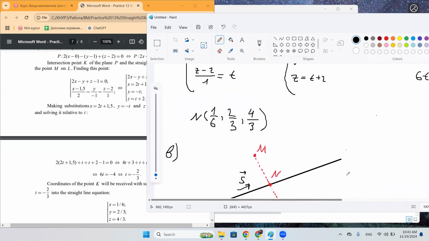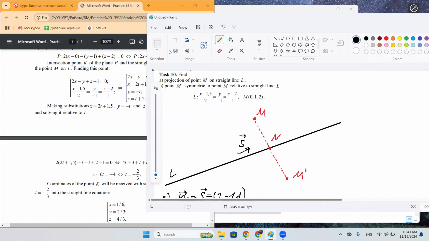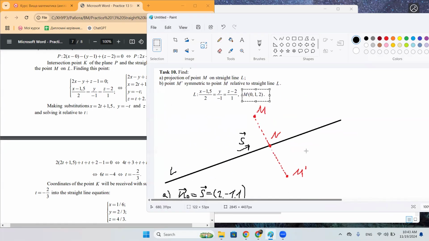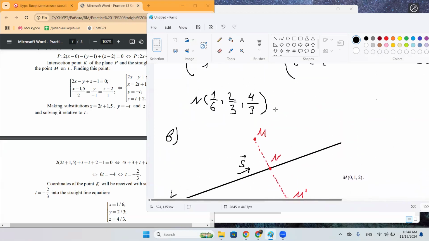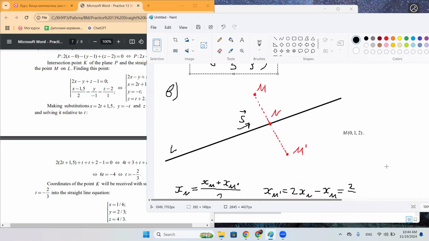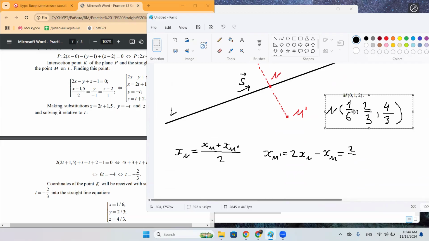So 2/3. Okay. Let me copy and paste our coordinates, M and N. So 2/3, and that's it.